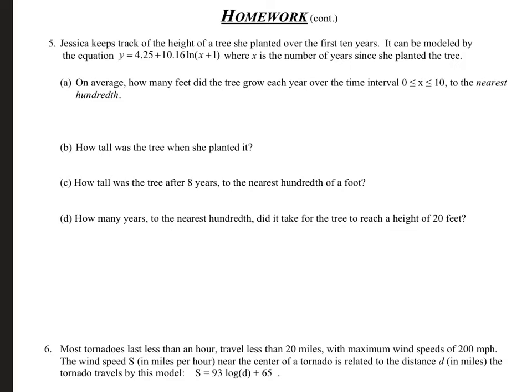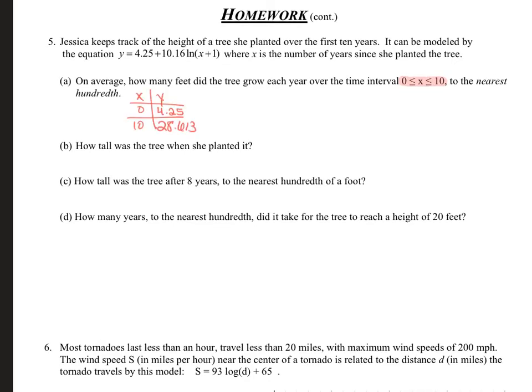On average, how many feet did the tree grow each year over the time interval when x is between 0 and 10, to the nearest hundredth? The wording here, on average, we don't normally see as much, even though what they're asking we do all the time. This interval is usually how they ask us to find the slope, the rate of change.